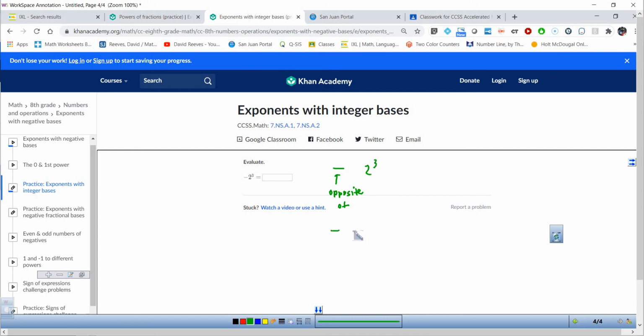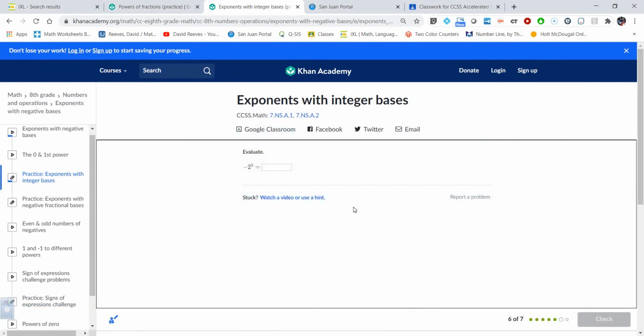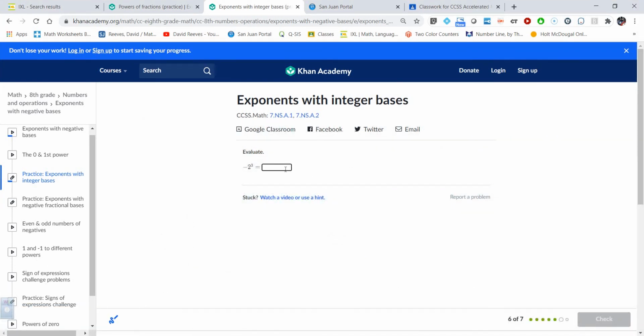So it's the opposite of 2 times 2 times 2. We do this part first because it's an exponent, and we get 8. And then we take the opposite of it, which you can get by multiplying by -1. So the answer is -8. All right?